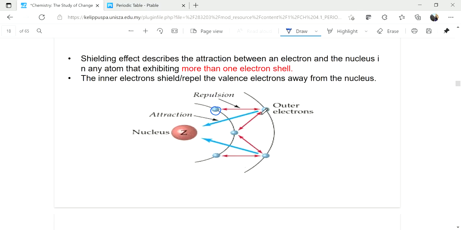The higher the repulsion, the bigger the size of the atomic radius.